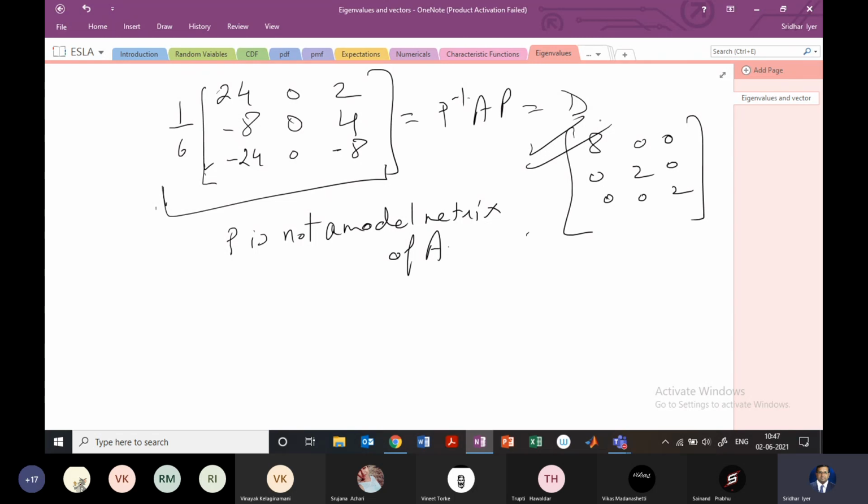It's a big process to find eigenvalue, eigenvector, then cofactor matrix, transpose it, divide by the determinant, multiply P inverse AP, and see if you are getting the diagonal or not. It is a tedious process, but if this question is asked, you can get all the marks if you do it correctly.